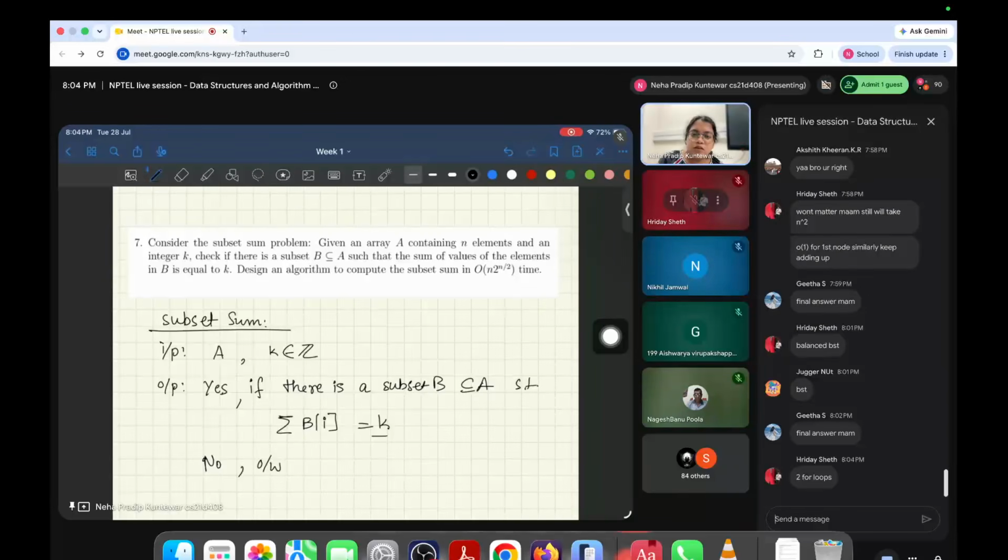Okay, so what are the two for loops? Oh, the subset need not be contiguous, by the way. The subset can be arbitrary elements. So you can take the second element, the fifth element, and then the 10th element. It need not be a contiguous set.